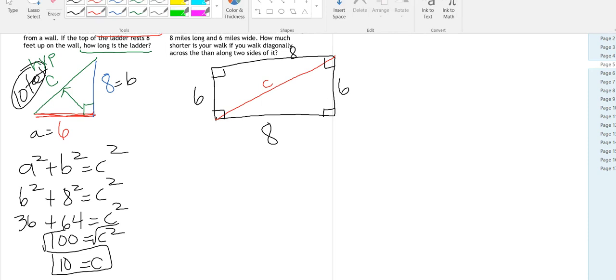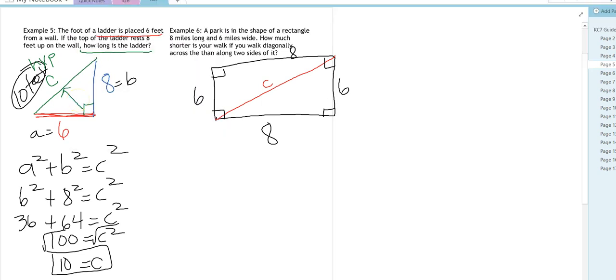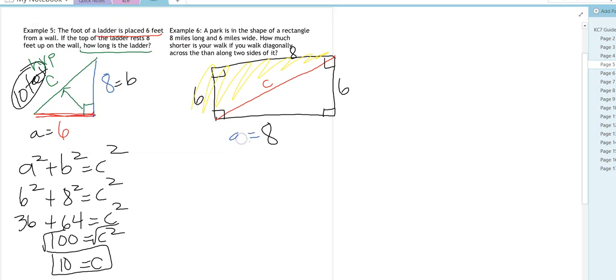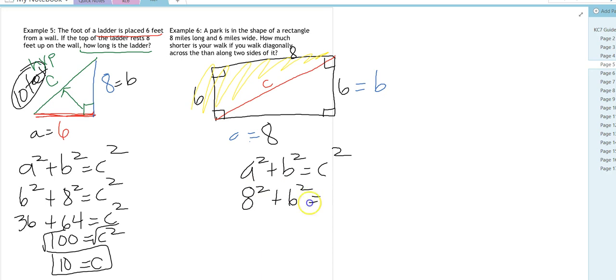So if you want to, ignore the top half again, right? We're not looking at this triangle. We're only going to be looking at the bottom one, which would give us the fact that our A and our B would then be 8 and 6. So actually, looking at our equation here, we're looking at A squared plus B squared equals C squared. 8 squared plus 6 squared equals C squared.